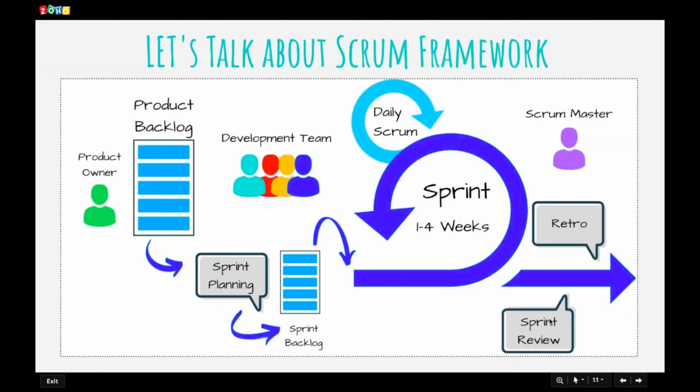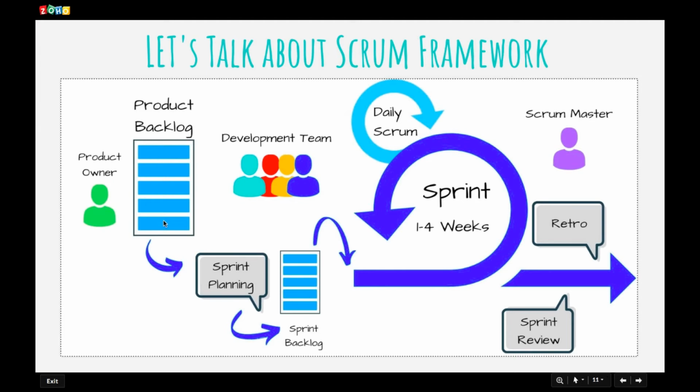So let's talk about the Scrum Framework. As I said, the Scrum Master runs the entire show. We have the brief meeting called the Daily Scrum that happens every day. The sprint has a duration of 1 to 4 weeks; it's an iterative model. We have a development team and the product owner, who is responsible for creating the product backlog.